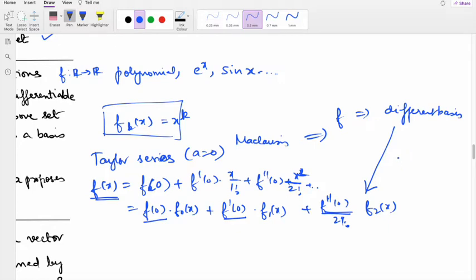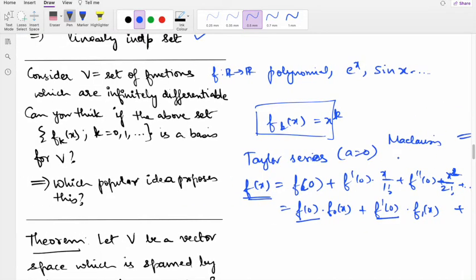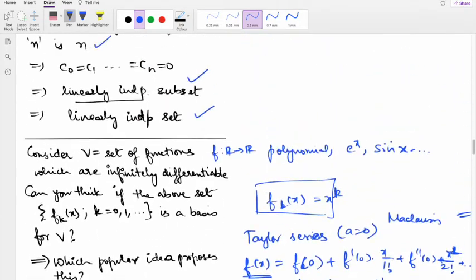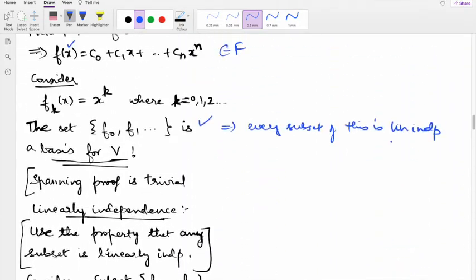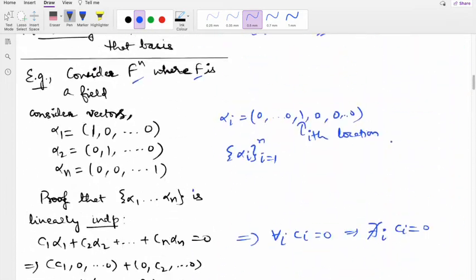This is the idea of Taylor series. So we saw that even Taylor series concepts can be brought about in this vector space and linear algebra framework. Good. So these are examples of some bases and vector spaces.